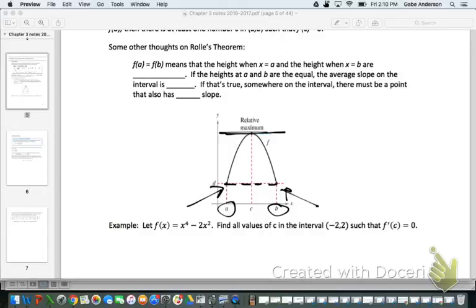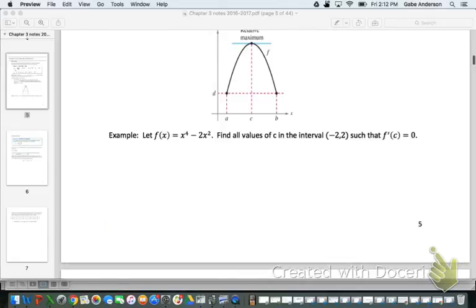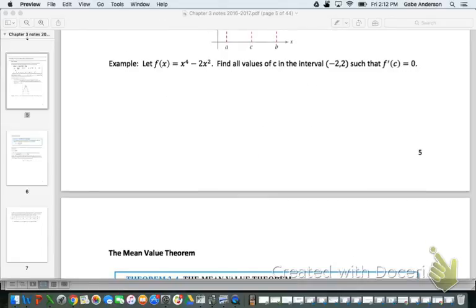So I just want to do this last question here with you guys really quick. We can fill in some of the blanks next time, maybe by way of review, but I think this will be a good way to tie this up. It says, let f of x equal x to the fourth minus 2x squared, and find all the values of c in the interval -2 to 2 such that f prime of c equals 0.